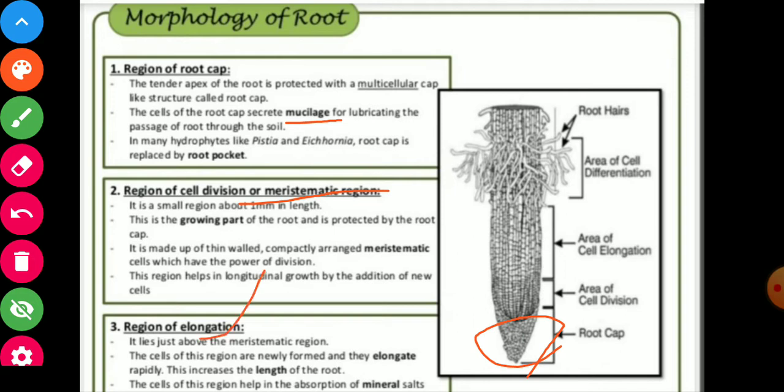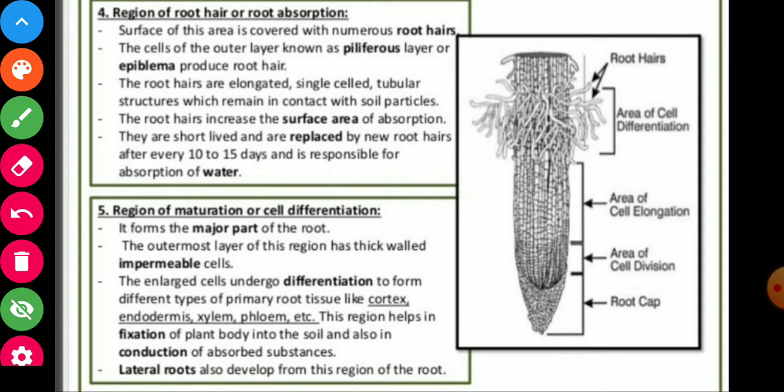Third is the region of elongation, where cells elongate and increase the length of that root. And after that, the region of root hair, where root hairs are found.